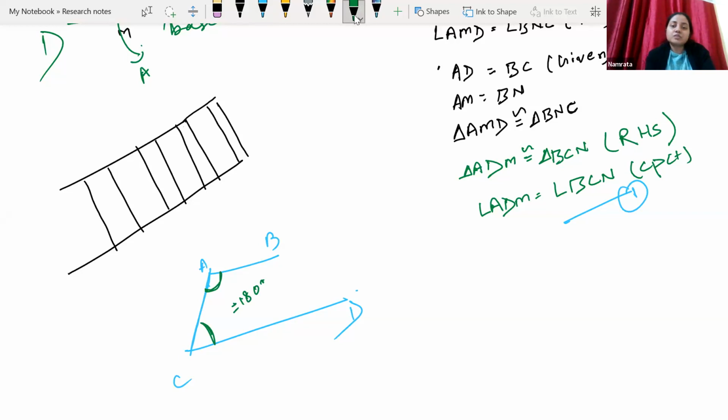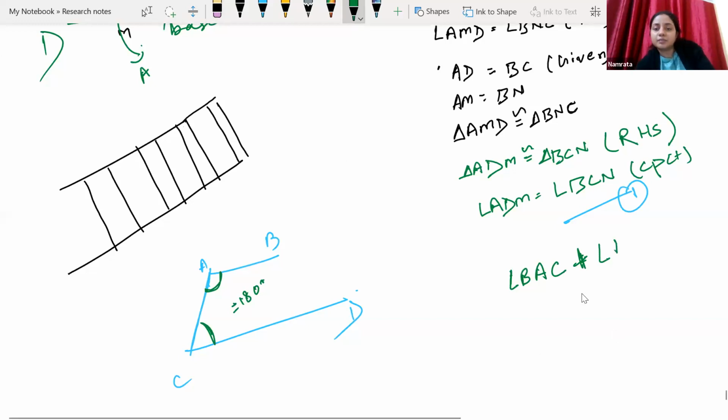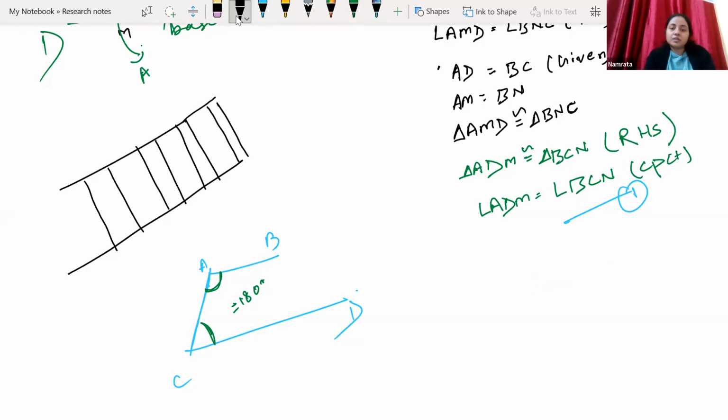Yes. So since AB is parallel to CD and AC is the transversal, we can directly write in a trapezium, angle A plus angle C is equal to 180.